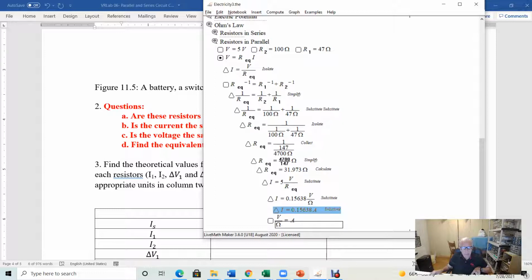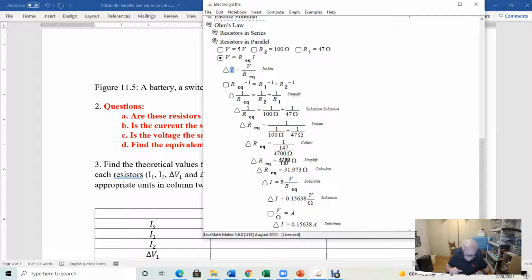And that's what I get for the current leaving the battery in the circuit with parallel resistors, 0.156. That's 156 milliamps. They start to become a rather large current, but it's still safe. Okay? That's the current of the source.